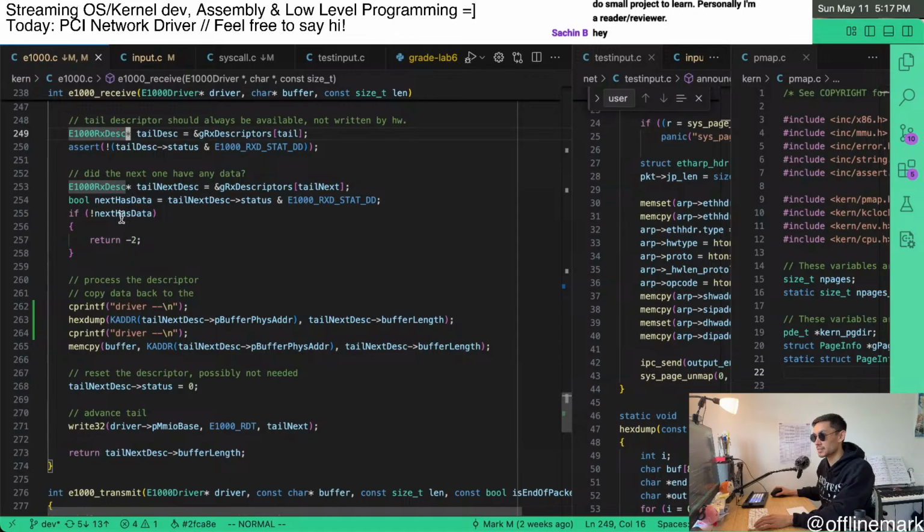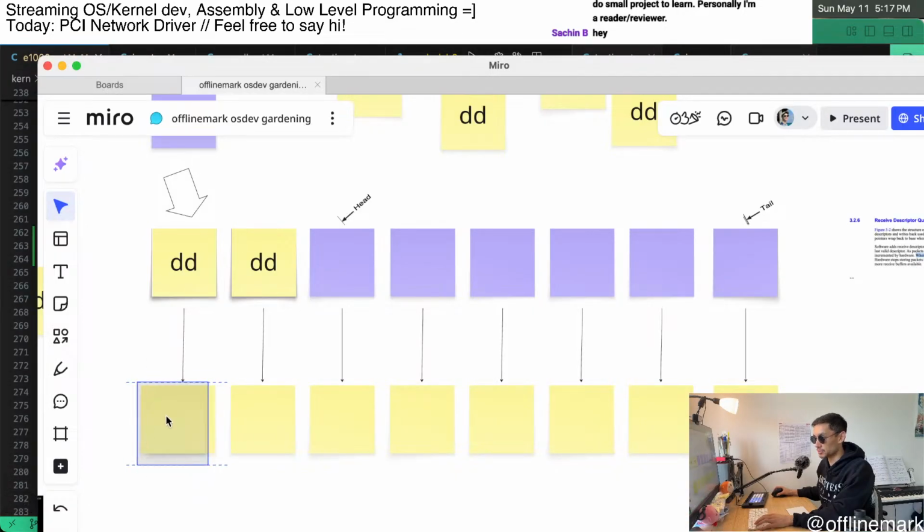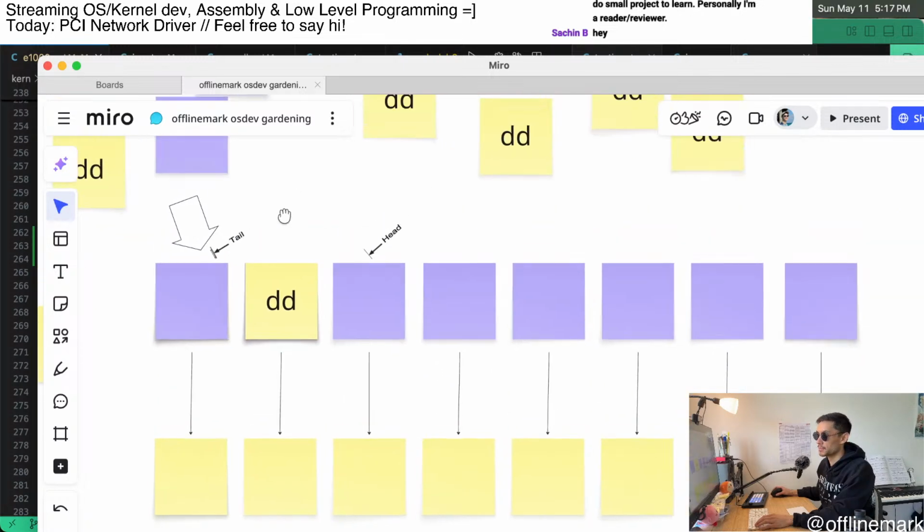If it doesn't, we return this -2 number. Otherwise, we process the data in the descriptor, which is sitting here, and then we point the tail at here and clear the DD bit. That's what consuming one of these things looks like.